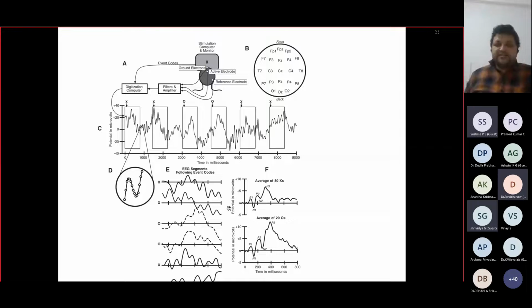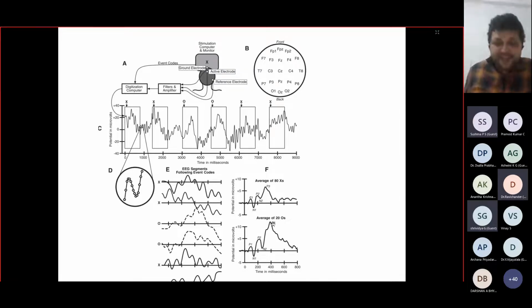We have so many different kinds of waveforms that are formed. But once we average them, we get rid of all the other noise and we are able to see the actual underlying waveform. And you see, because the O was less frequent, whenever O came, you had a surprise factor.